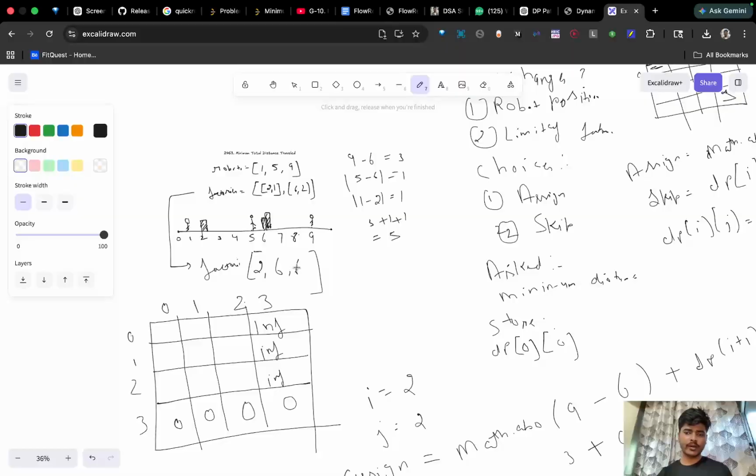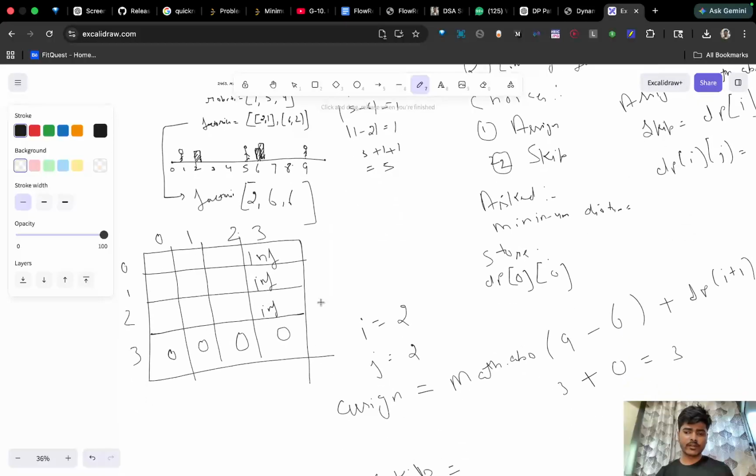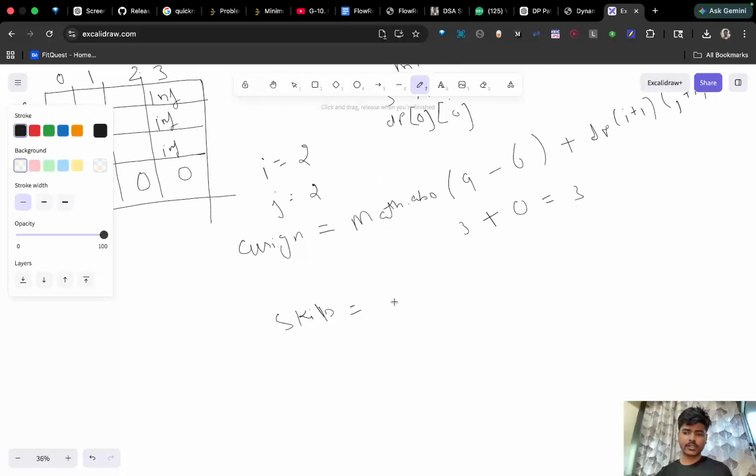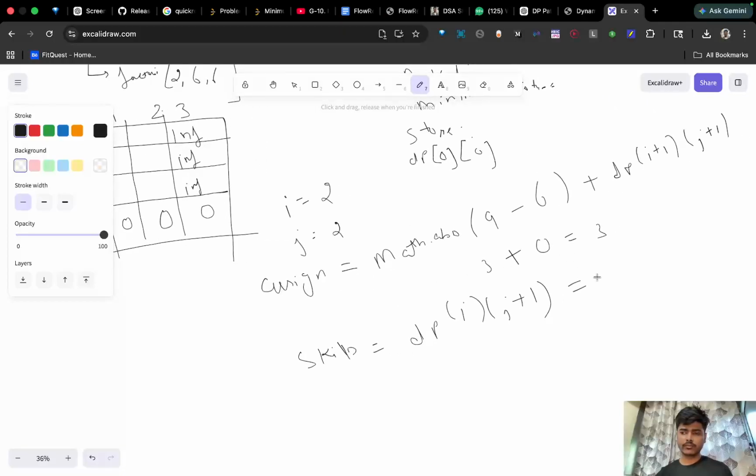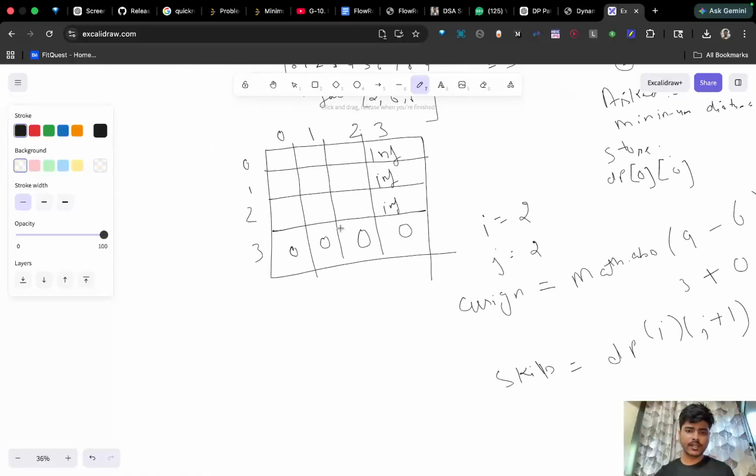In that case, I'll be borrowing my answer from the future, that is, when there were no factories left. So my skip becomes dp of i, and for the factory j plus 1, so dp of 2 for the factory 3, and the answer in that case was infinity. So my skip becomes infinity, and I'm going to take the minimum from both. The minimum is 3, so for this cell the answer is going to be 3.